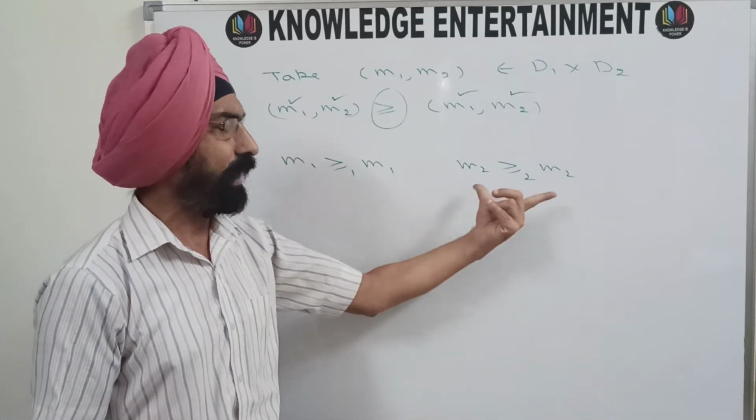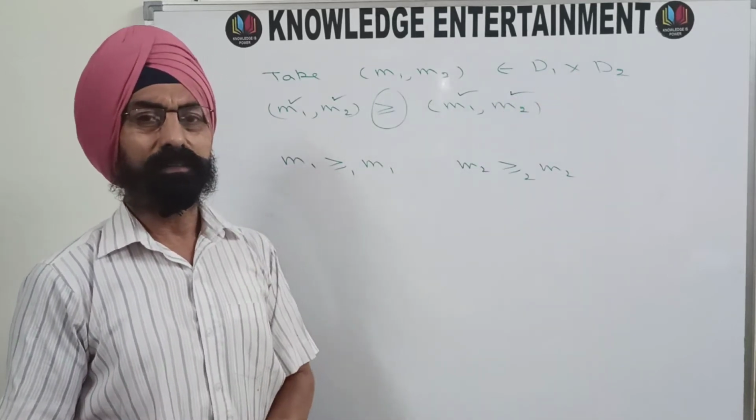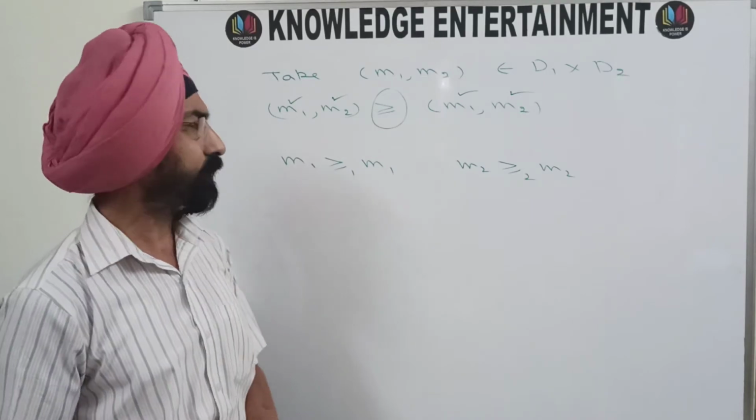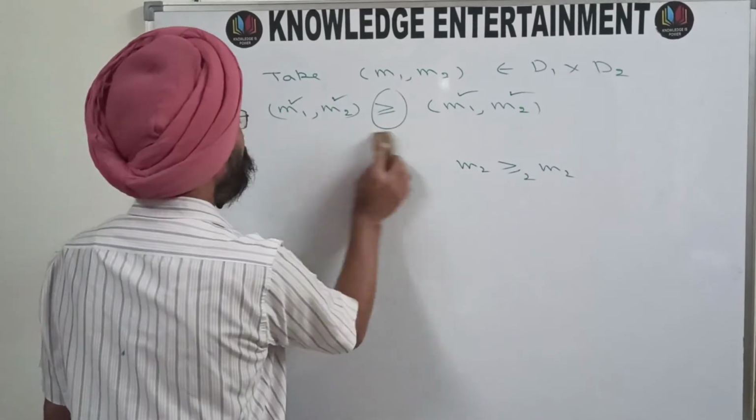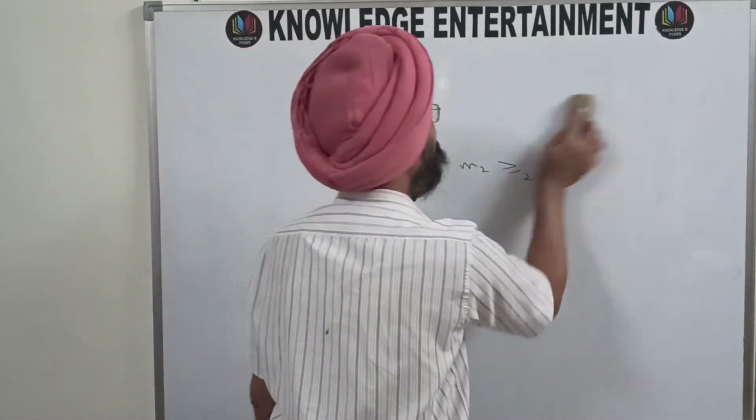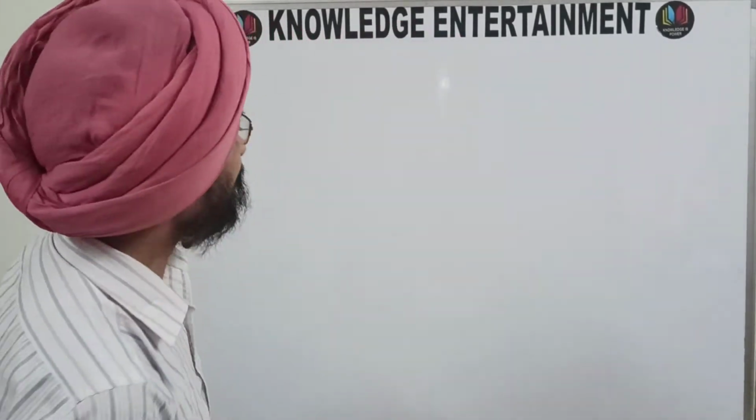So the first property of directed set will make this statement true. Now move on to the second axiom, the second property. Let us have three elements.